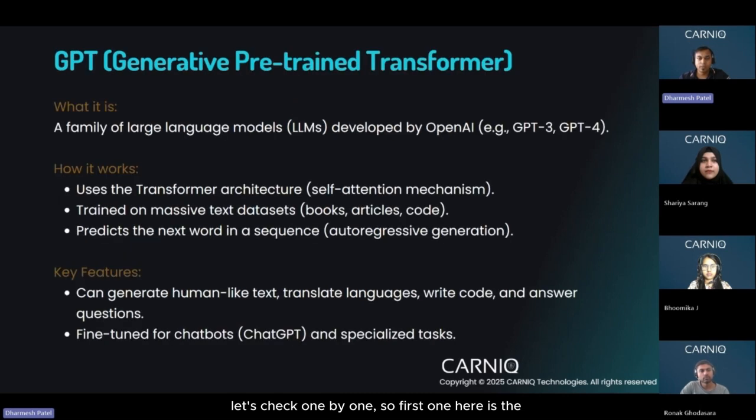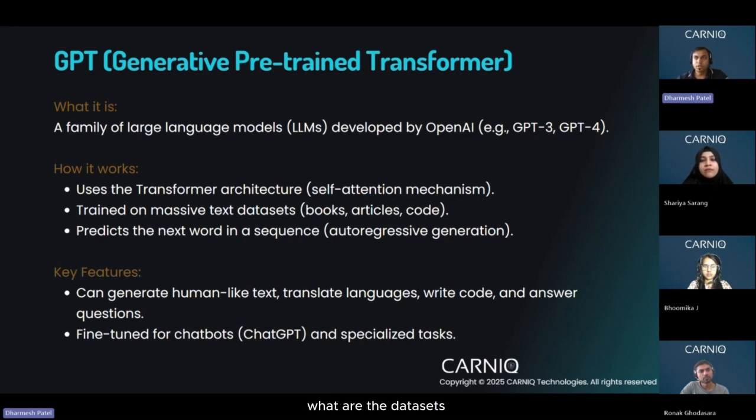The first one here is GPT, the Generative Pre-trained Transformer. What is it? It's a family of large language models developed by OpenAI, for example GPT-3 and GPT-4. It uses the transformer architecture, which we talked about, with the self attention mechanism.